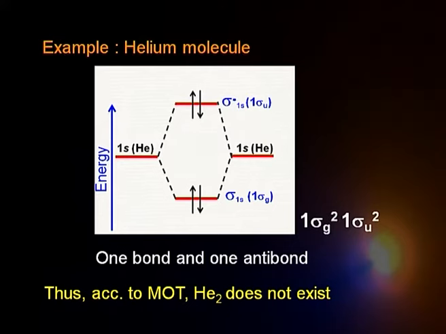Okay. So, that is the description we have for period 1 elements. Let us move on to the homonuclear diatomic molecules of period 2 elements. Now, when we move to period 2, our strategy will again be to construct the appropriate molecular orbitals.